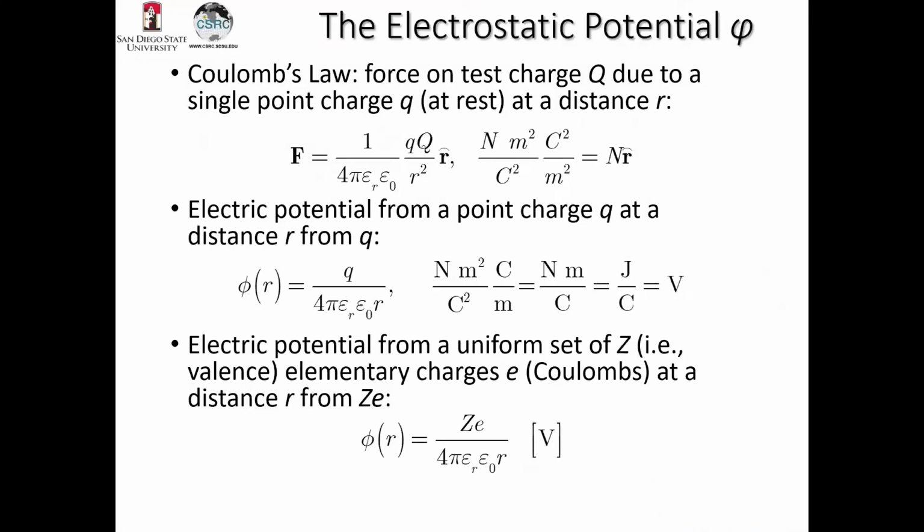From Coulomb's law, we can compute an electric potential phi, which is a function of the distance between the point charge and the test charge, and this gives us a voltage. We can compute the potential if we have Z electrons contributed by a particular ion. This gives us the field strength of each charged ion in the solution.